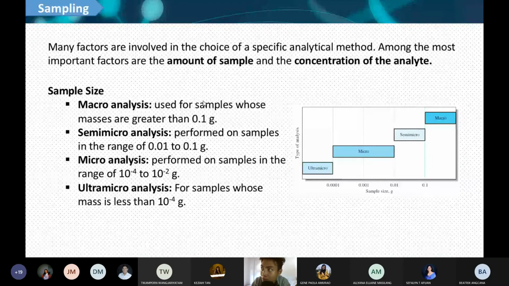Macro analysis deals with sample sizes that are quite big. However, if your sample size decreases further, then the type of analysis will change. Ultra micro analysis being the type of analysis that will deal with very small amounts of your sample.